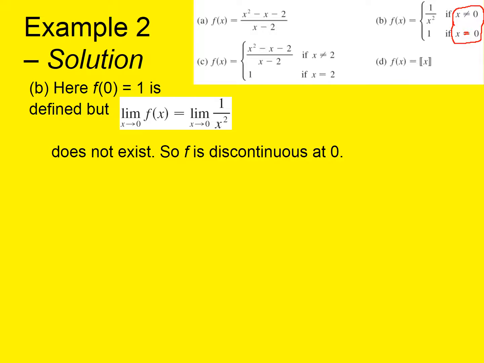But the limit as x approaches 0 of f of x is the limit as x approaches 0 of 1 over x squared, which does not exist. So we have a discontinuity at 0. Here you've got a DNE, does not exist. This one is defined, it does exist.